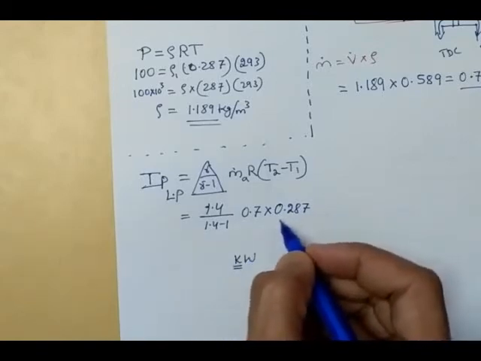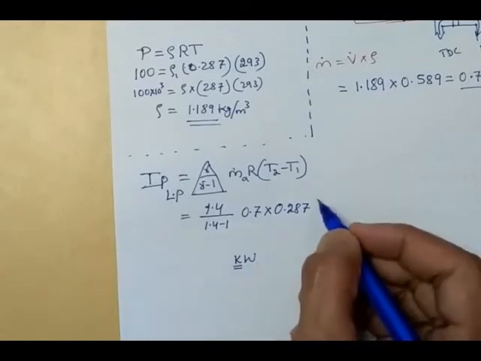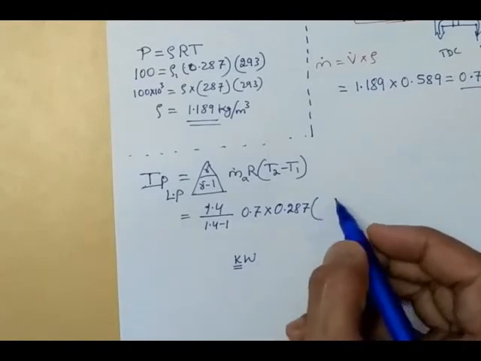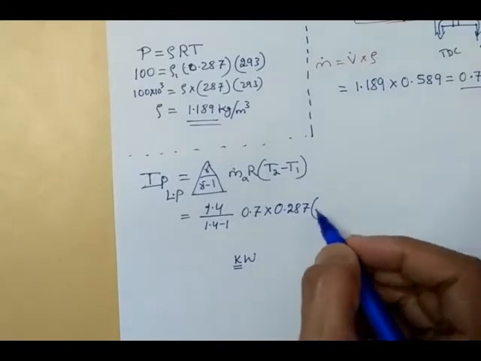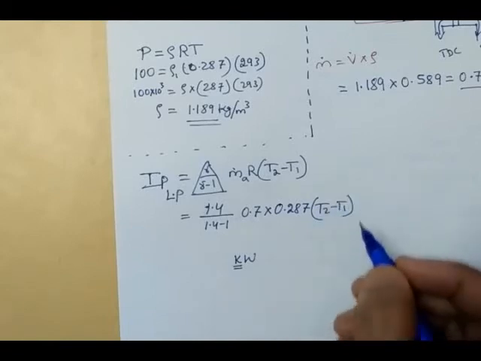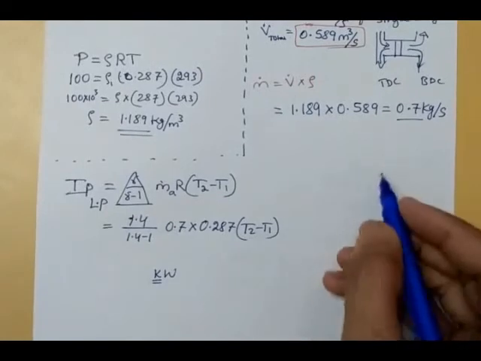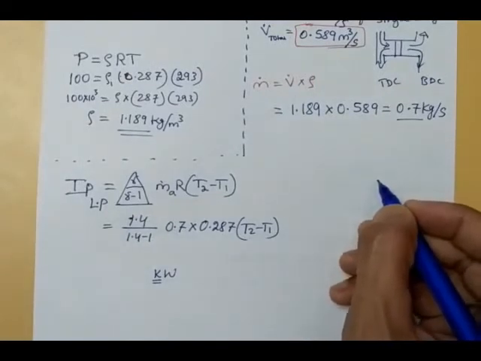Otherwise we can keep 287, answer we will get in terms of watt, into 287 into T2 minus T1. Now we have T1 but we don't have T2. Now we have to find T2. For that we have relation.